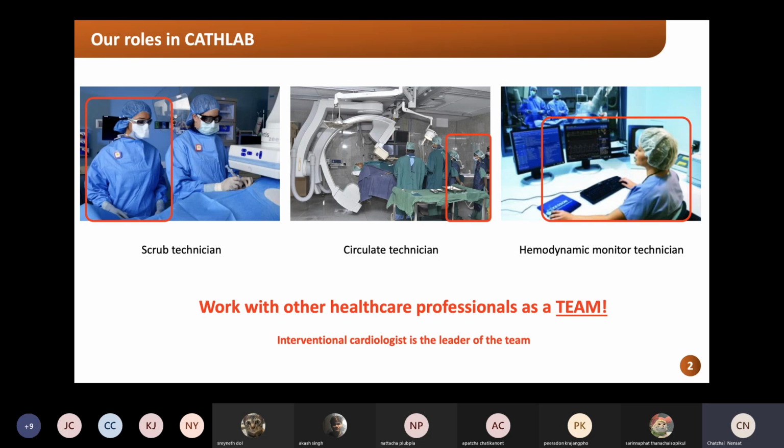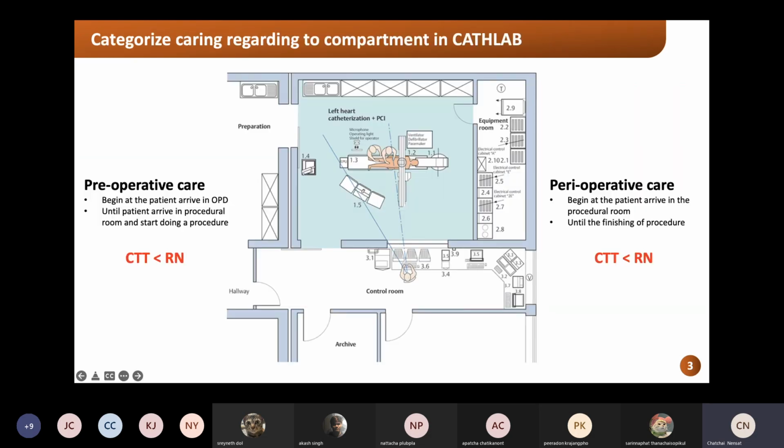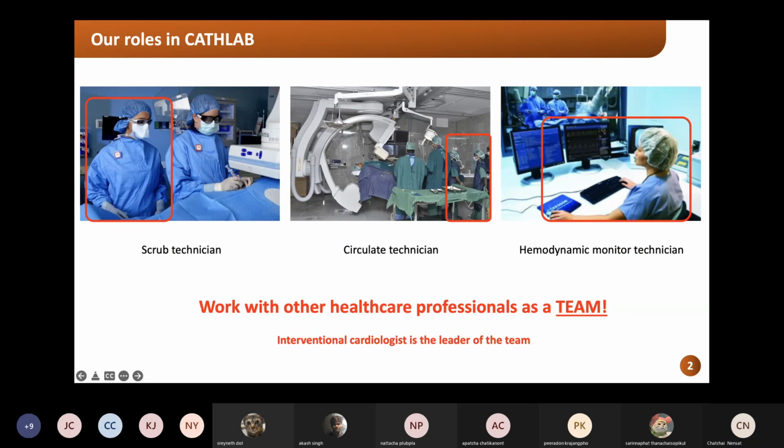You can see that when we are the cardiovascular and thoracic technologists in the cath lab, we can do three main roles. The first one is the scrub nurse, right? As you can see here. So the scrub nurse is the position that will assist the interventional cardiologist in doing the procedure.